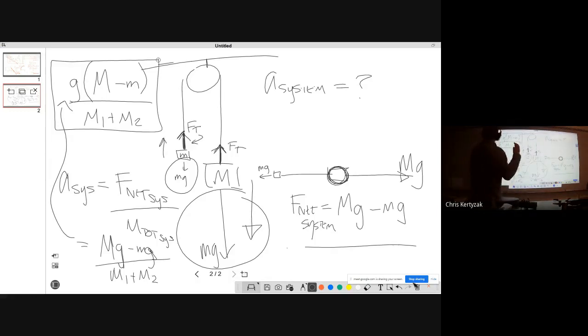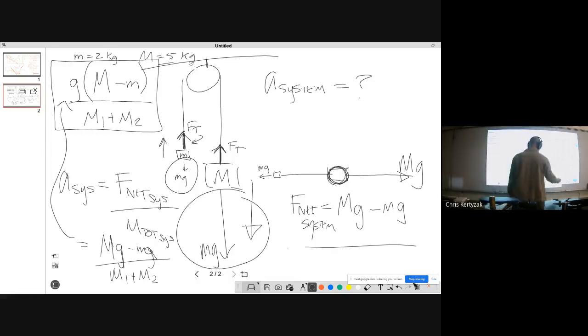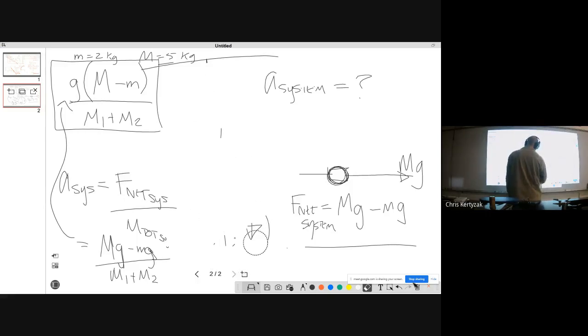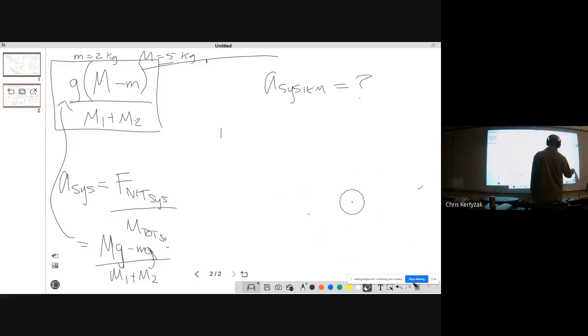It will always be a value less than g. You can pick any two numbers. Say little m is 2 kilograms. Big capital M is 5 kilograms, let's just say. What would this come out as? Just to make sense of the fact that it can't be g. The acceleration can't be g, and the acceleration can't be more than g. No, that's forbidden. Laws of physics.